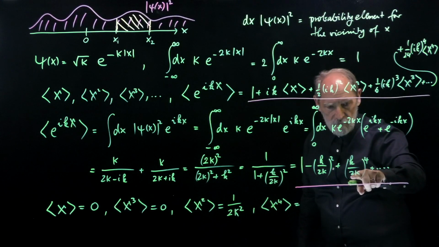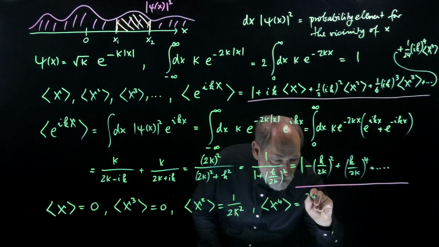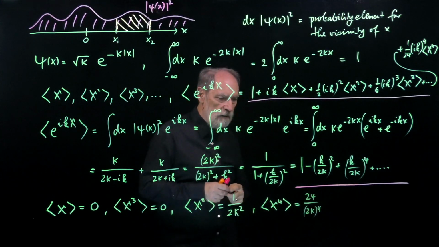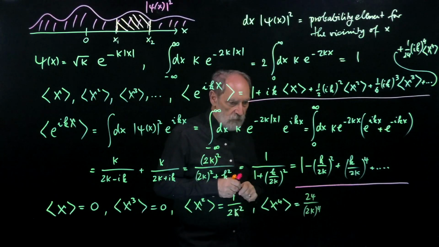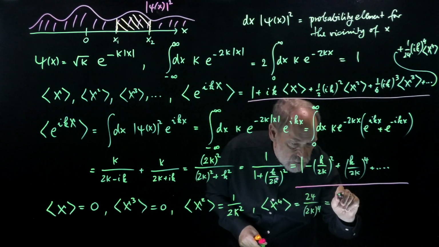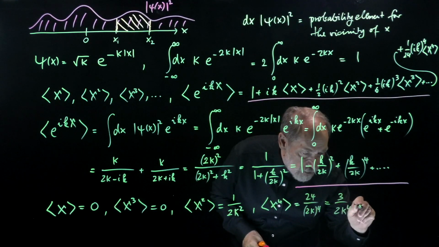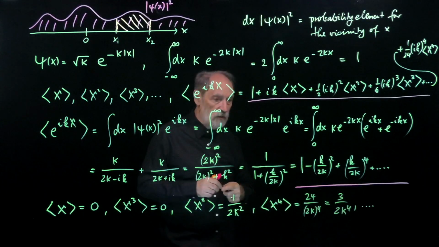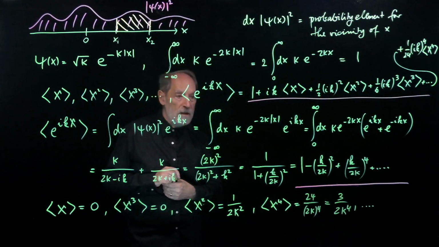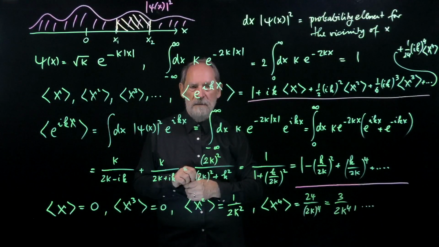So I have to multiply the 16 kappa to the fourth in the denominator by a 24 in the numerator. And so this is 3 divided by 2 kappa to the fourth. And we can just read off all the other expectation values of powers of x in the same way, but I will stop here with this exercise.